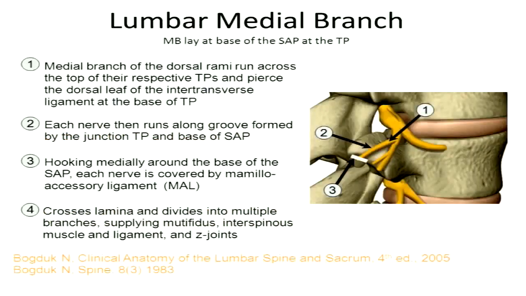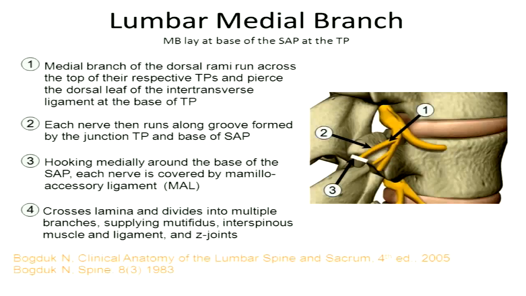The anatomy of the lumbar medial branch: as it emerges from the intervertebral foramen, the medial branch of the dorsal rami runs across the respective transverse process and pierces the intertransverse ligament at the top of the transverse process. It then runs along the groove formed by the junction of the SAP and the transverse process at the base of the SAP.